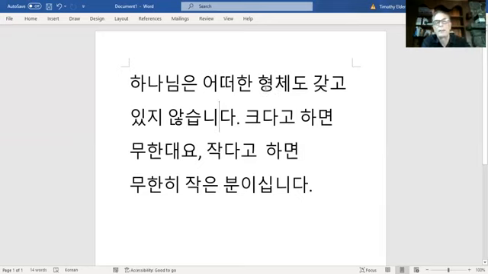Let that air out. 형체도 같고. Okay, so don't put any kind of vowel sound after this one here. Just hold it and then go right into the next consonant. So 같고. And here again, 있지.